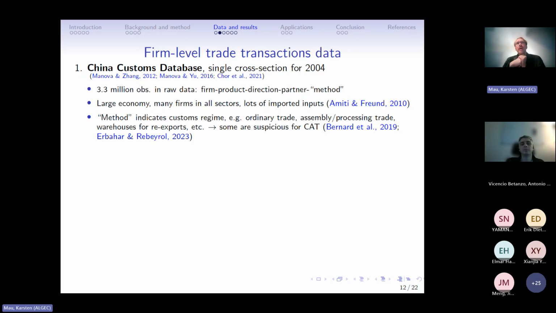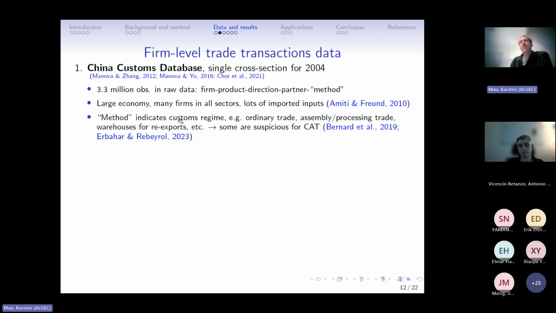We also assume that in 2004, China was still in a stage, at least more so than maybe today, where it relied a lot on imported intermediate inputs. So basically, we assume that there was a pretty high degree of cross-border supply chains in action, so that whenever we see exports of some goods by Chinese firms, there should also be some corresponding imports. So that's indeed something that gives us basically justification to using this data set.